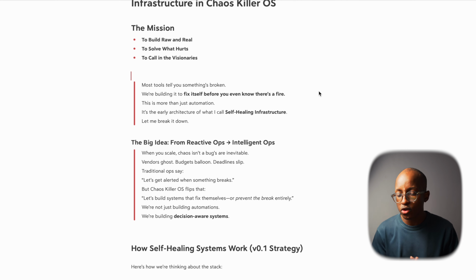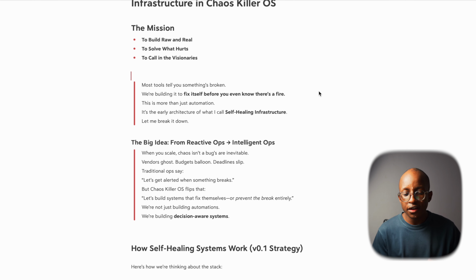By installing intelligent ops, from the way that I see it. How can we actively implement it when vendors ghost, budgets balloon, and deadlines slip? How can we implement intelligence within their current infrastructure so that it is self-healing?